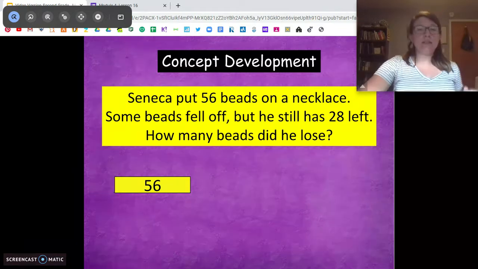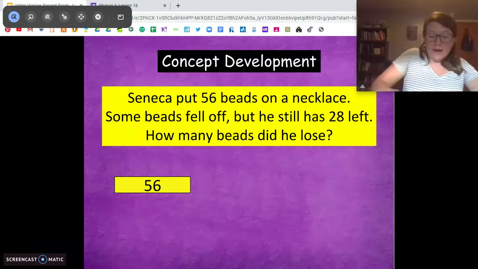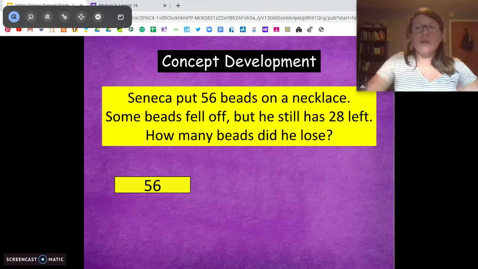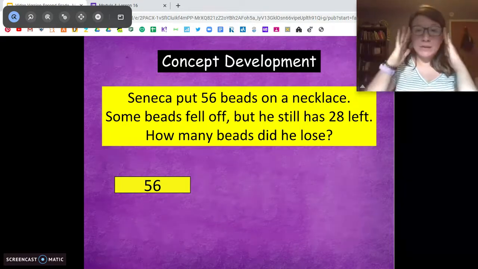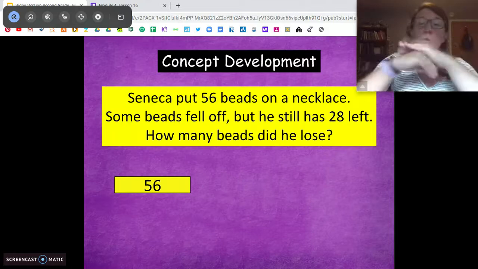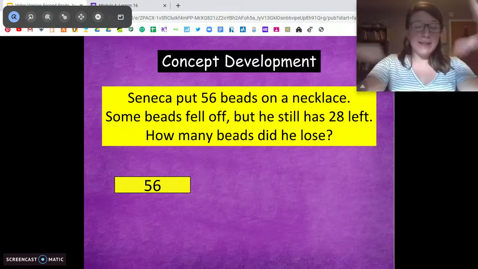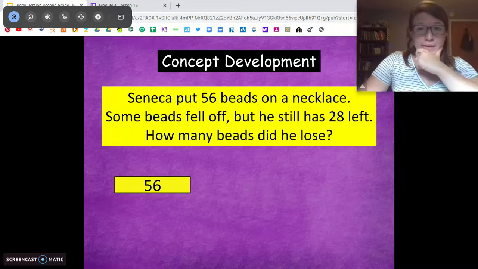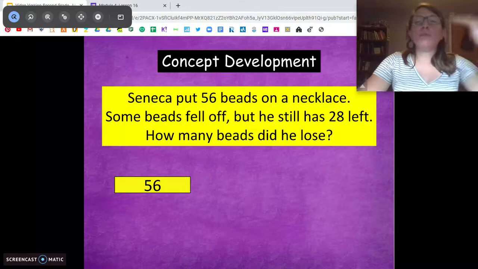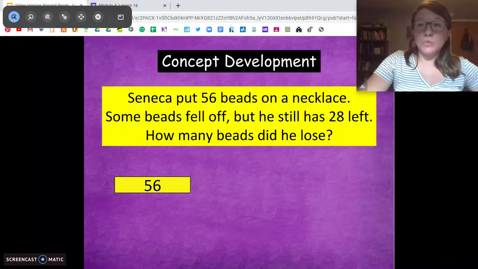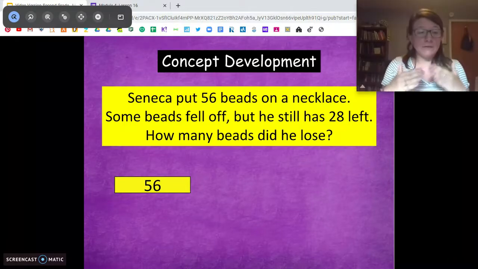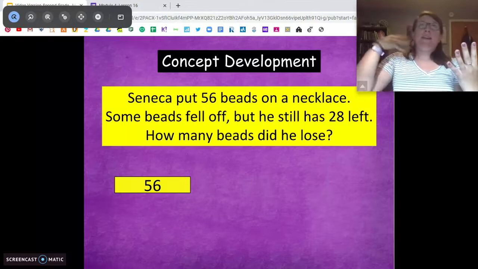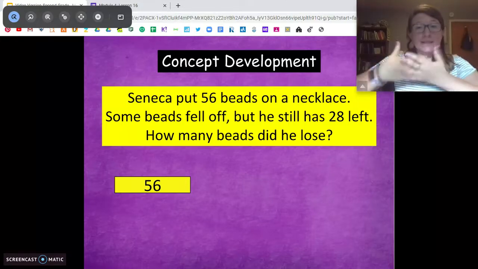Another way to do this is a strategy we learned about a little while ago where we get our numbers to numbers that make sense, to numbers that we can add. So we're going to try and get 28 to 30 so that we can make that a whole number for us to add. How many is 28 away from 30? 2, right? So we're going to add 2 to both 56 and 28 because remember, when we're finding the difference, what we do to one equals what we do to the other one, and the difference stays the same.